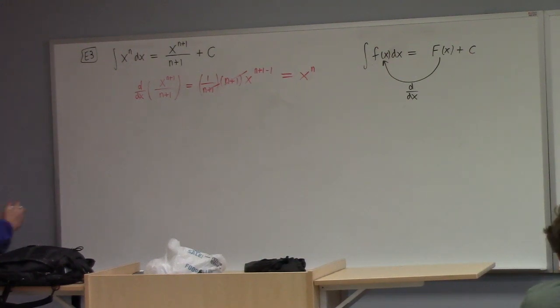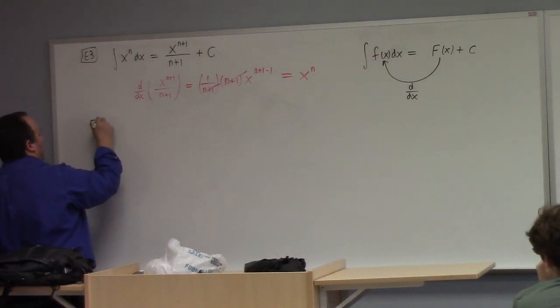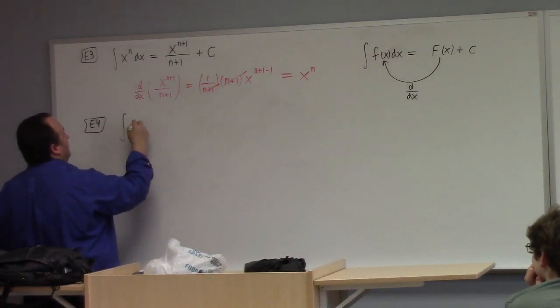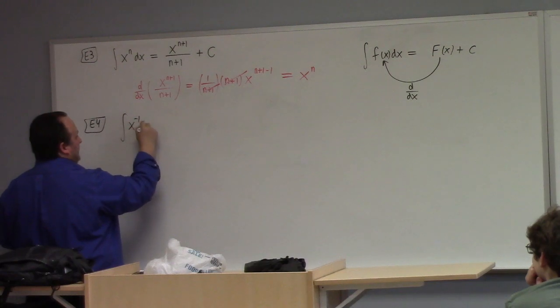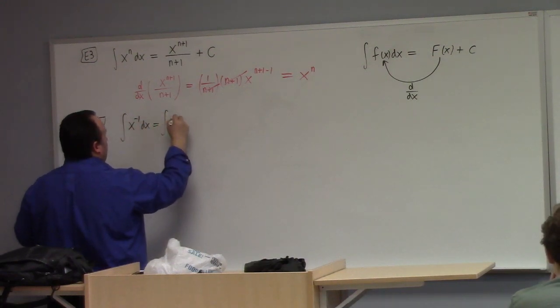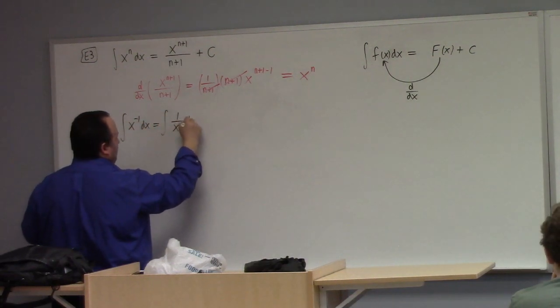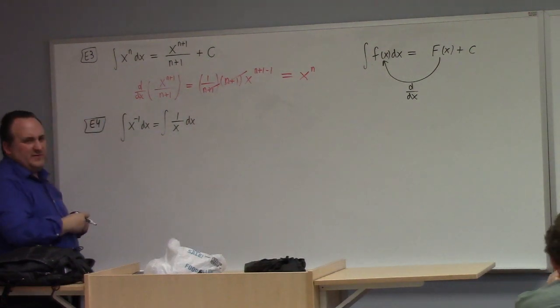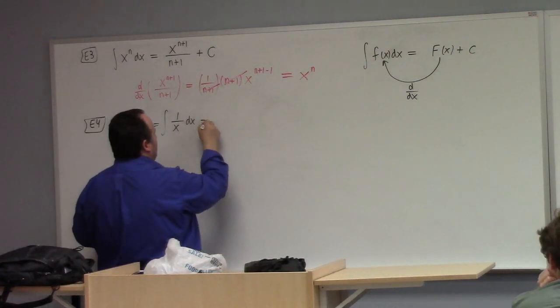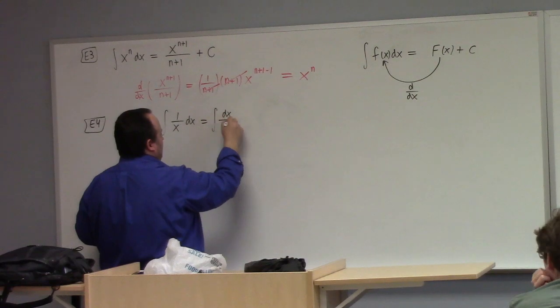All right, so let's ask the question. Integral of x to the minus 1 dx, what's that? Well, that's the integral of 1 over x dx, all right? Which, by the way, as a point of notation, we will also write like this.